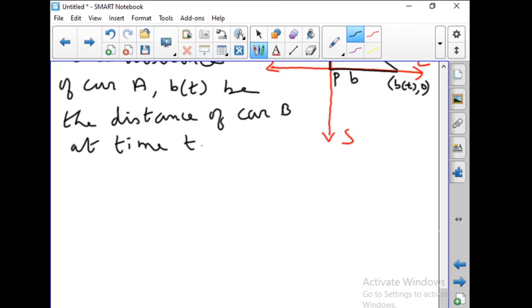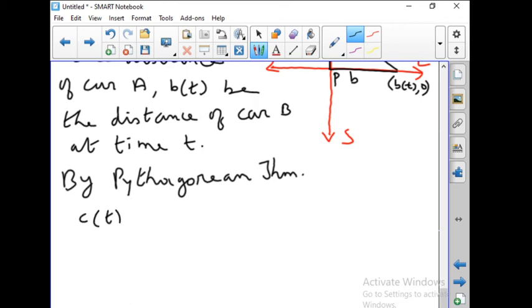Okay. So by Pythagoras theorem, Pythagorean theorem, what do we have?